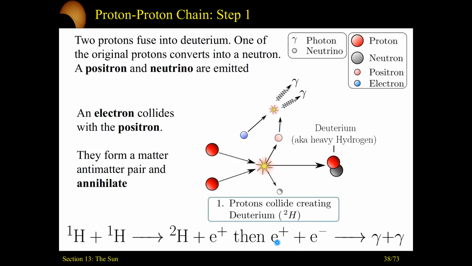So positron, E plus, added to an electron, E minus, and they will annihilate each other into 2 photons flying away. Whenever we see photons leaving, that's energy exiting the sun. Mass from these protons is getting converted into energy that leaves the system. Same goes for this neutrino, but we're going to table conversation on this neutrino for later.